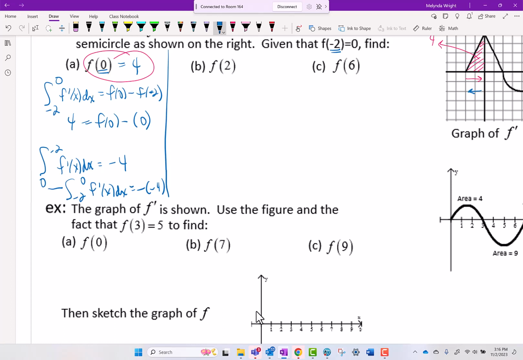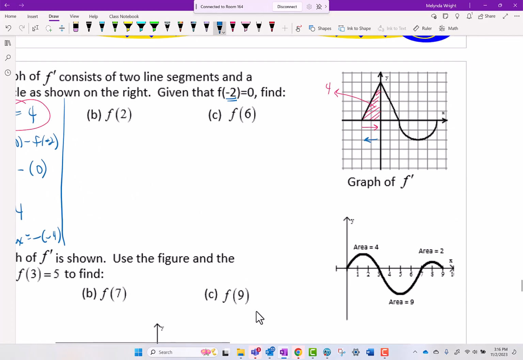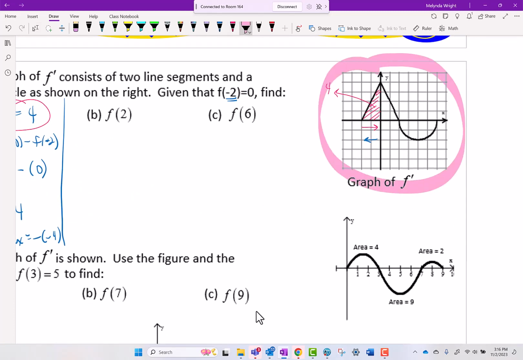Please just be aware of that. And it really only affects us, again, like I said, when we have a graph like this. When we have a graph like this, if we integrate backwards, we need to visually think to ourselves whether we would take the opposite, right? If I'm going from 6 to 2, then that's actually going to be a positive area, right?